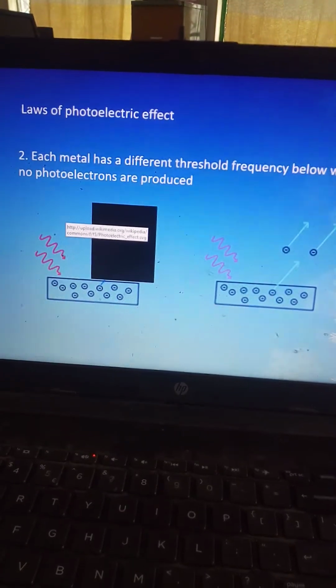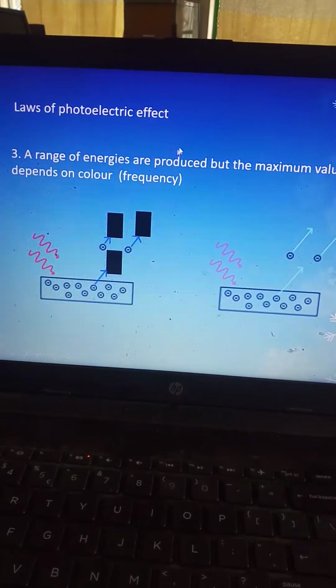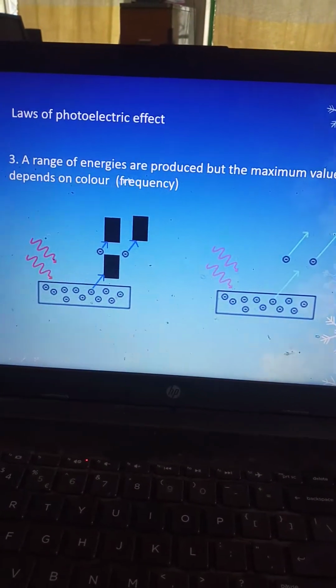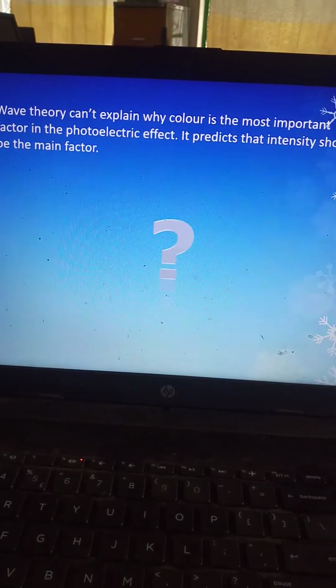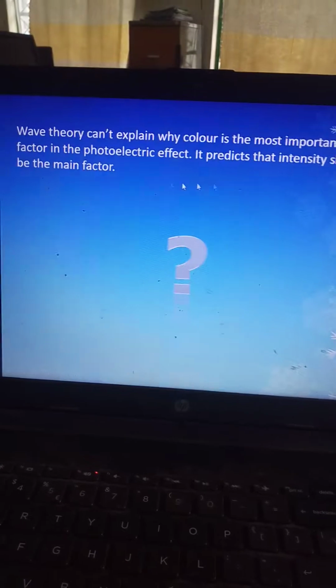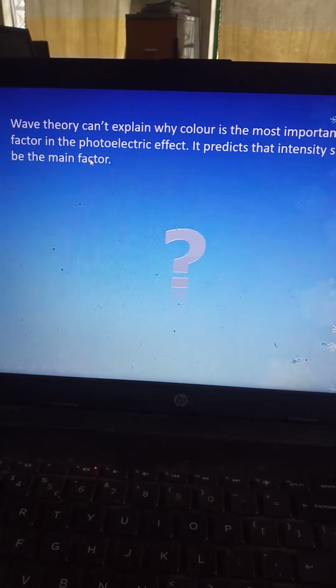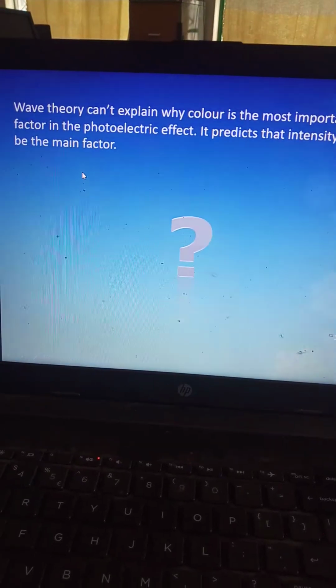We will discuss that in a few minutes. A range of energy is produced, but the maximum value depends on the color. Wave theory can't explain why color is the most important factor in the photoelectric effect. It predicts that intensity should be the main factor.